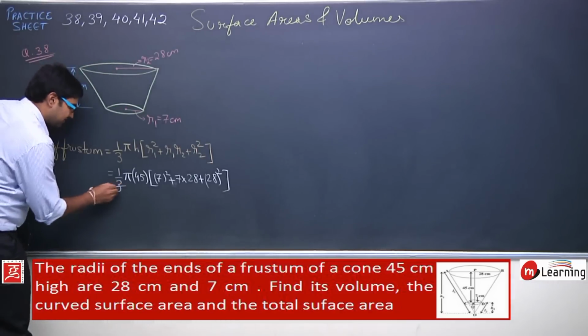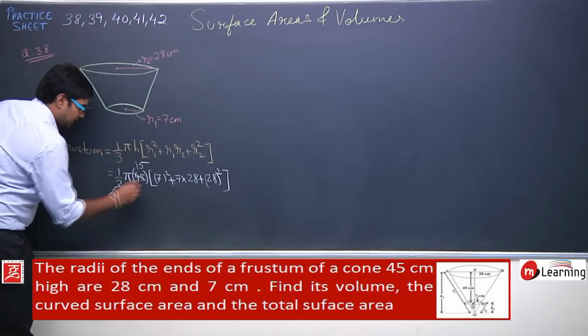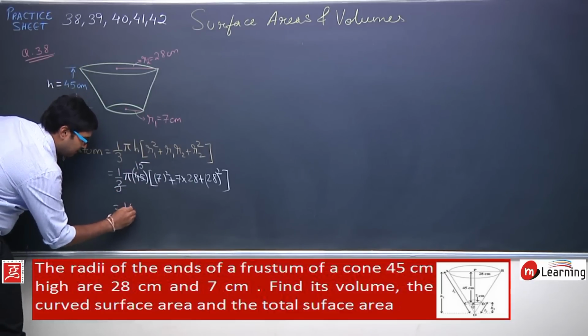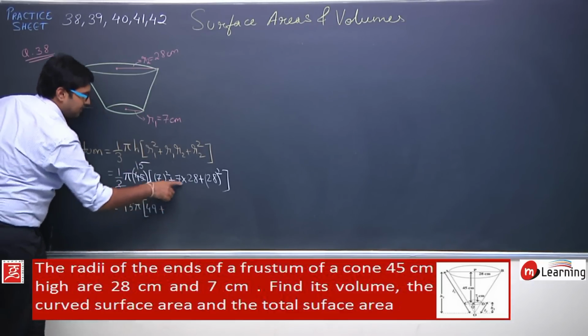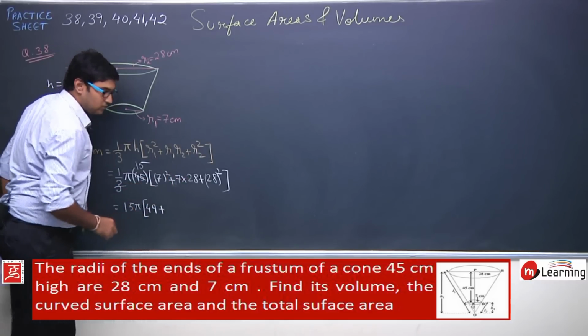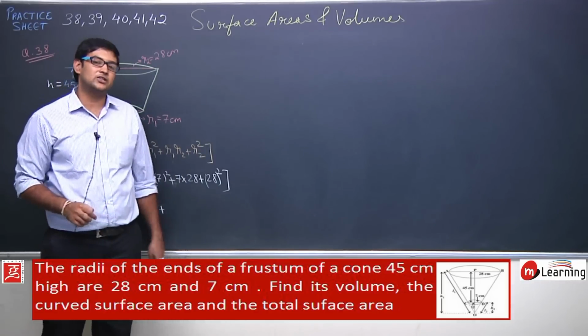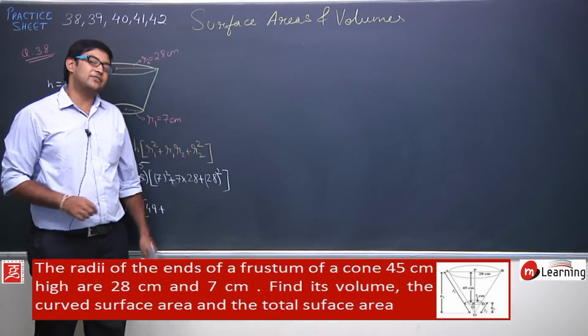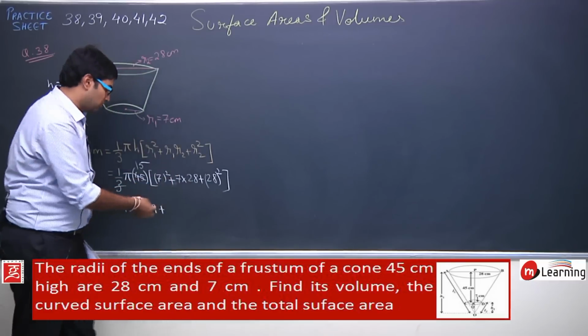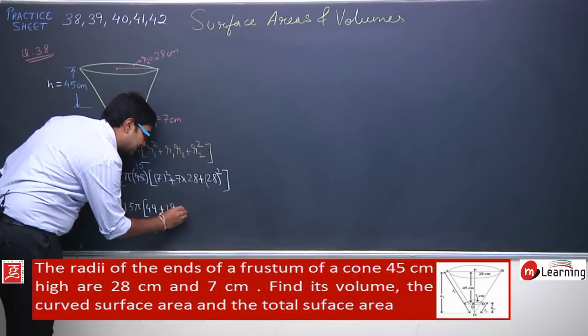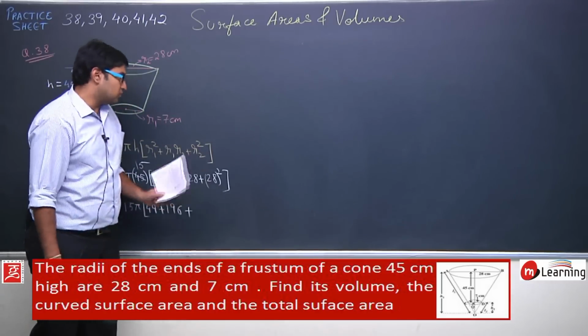So this 3 and this 45 gives 15. You will get 15 pi times the bracket: this is 49 plus 7 into 28. 7 into 2 is 14, so 140, and 7 eights are 56. So 140 plus 56 will give you 196. Now plus the square of 28.